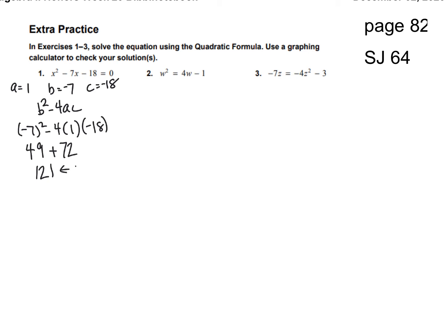This is greater than 0 and a perfect square. So I know I'm going to have two real rational solutions, and I will not have a radical.